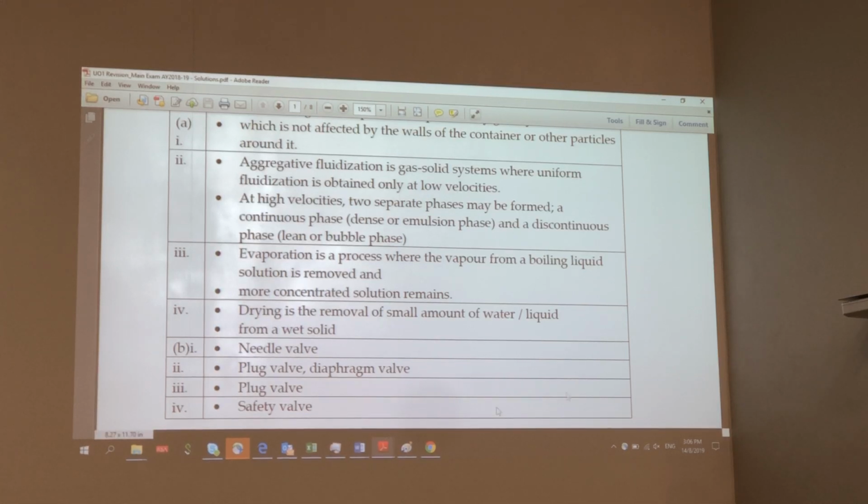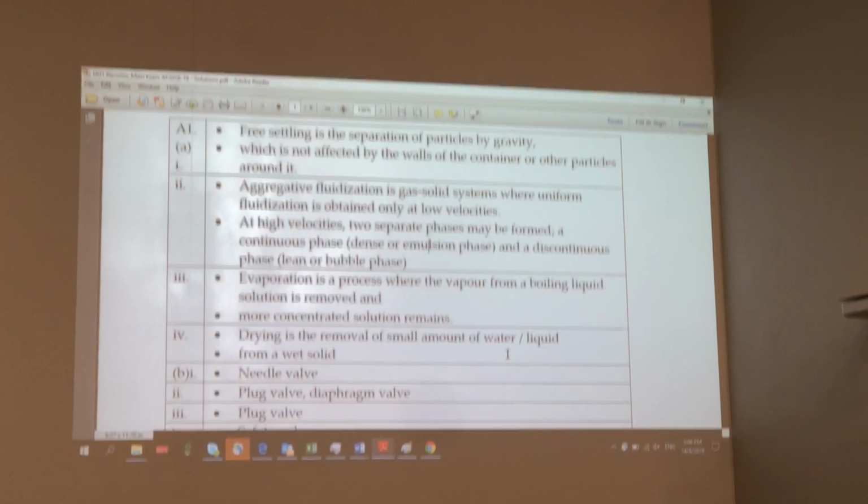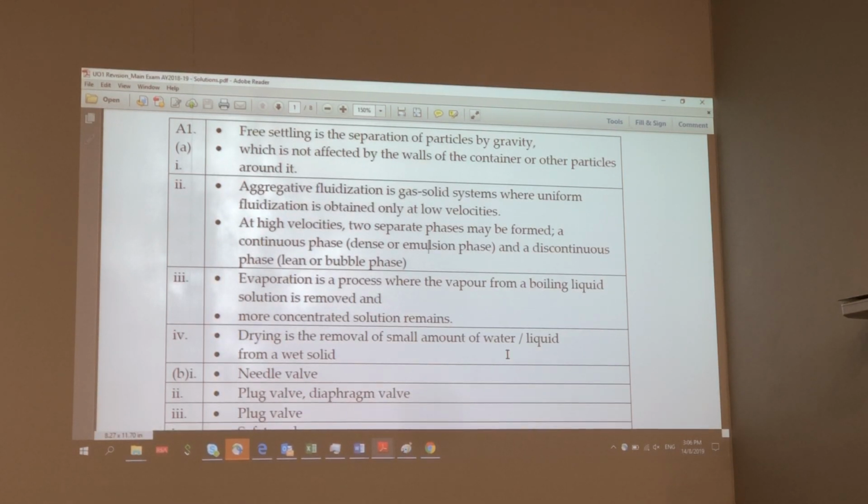Part B, for the different types of valves, try to choose the proper valve for the particular function. Any questions here? Try to relate the question to the most relevant one.